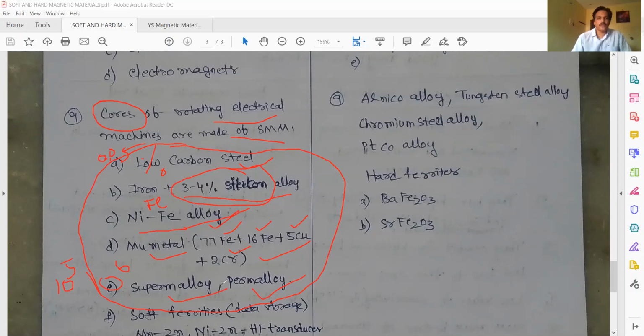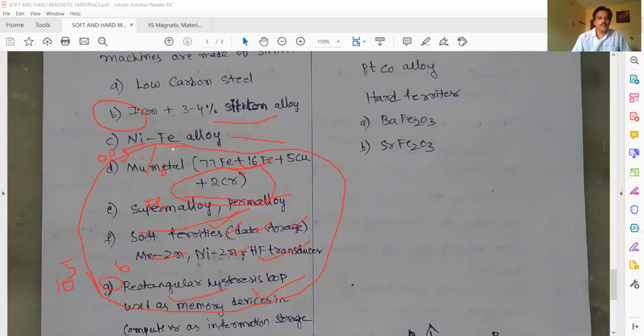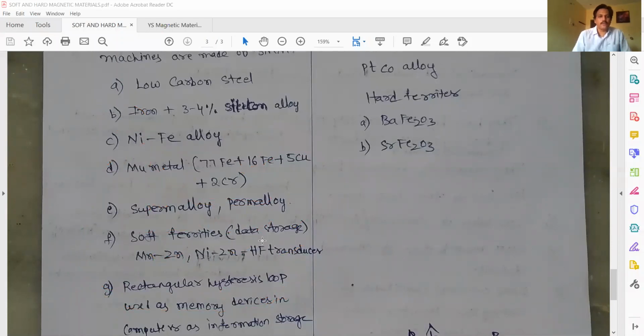Next, soft ferrites are used. Soft ferrites mean data storage, like the memory card in your phone, which you use for storage of your data.